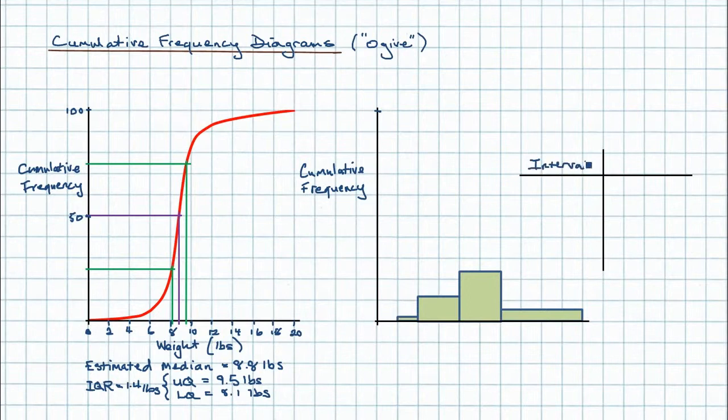I'm going to list the frequency for each of those intervals. But when you're working towards a cumulative frequency diagram, you also want a third column adding up the cumulative frequencies.